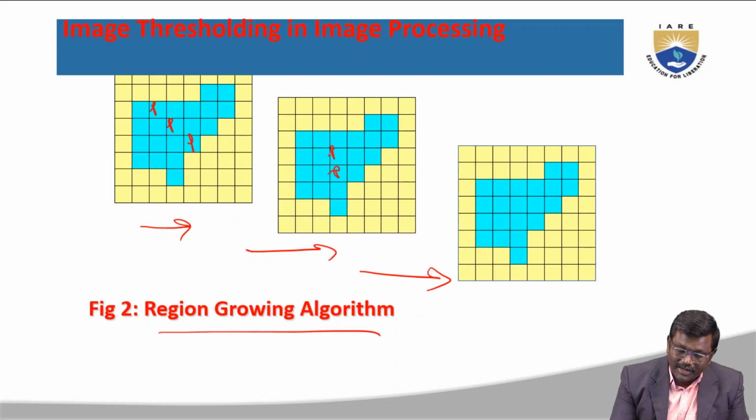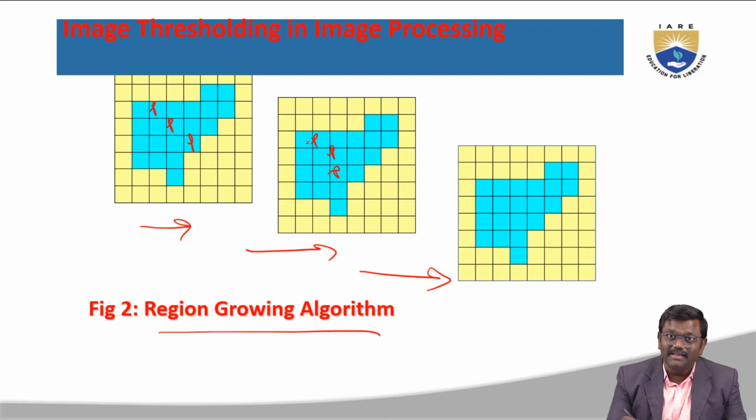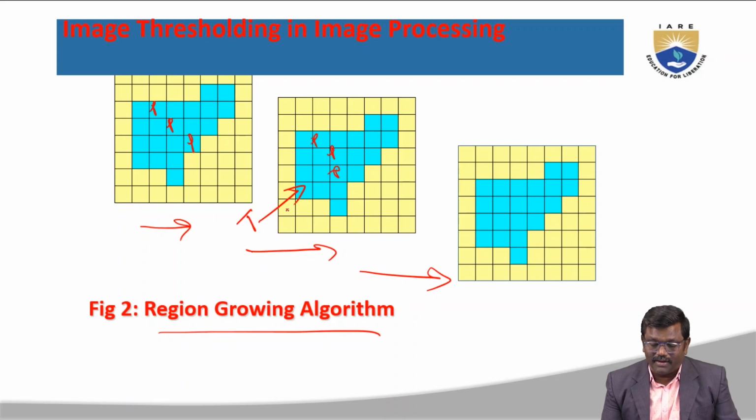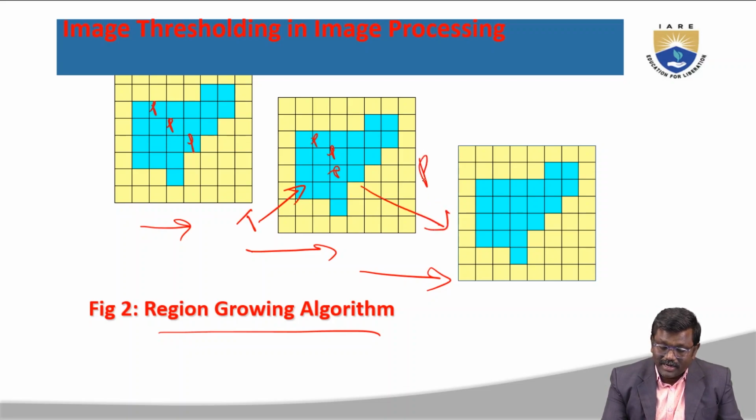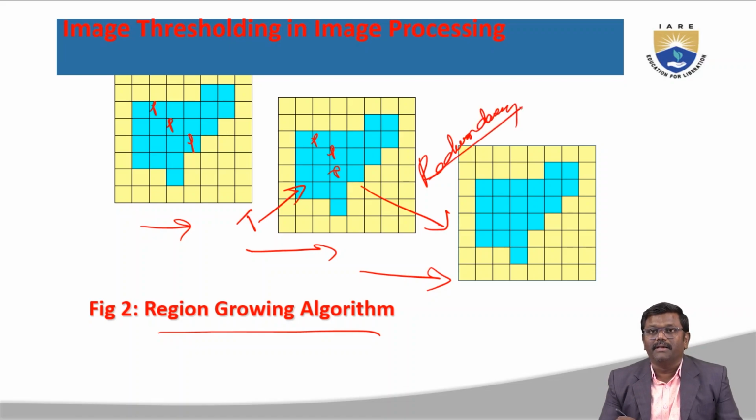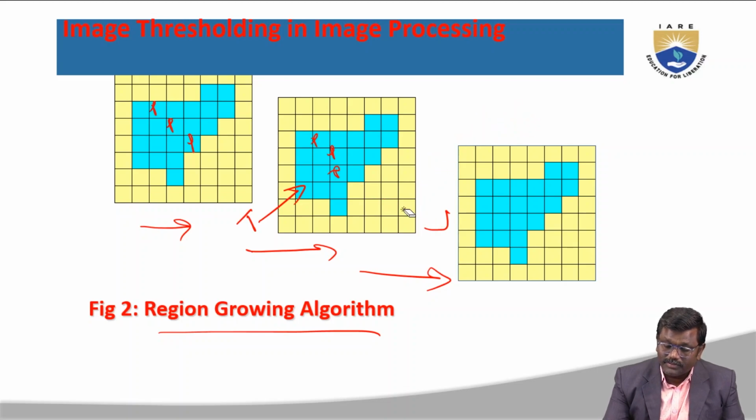When you compare the P value, what is the comparison here? With the help of T, we compare each and every pixel value. While comparing, the redundancy is minimized, that is, the repeated pixel intensity values are minimized.